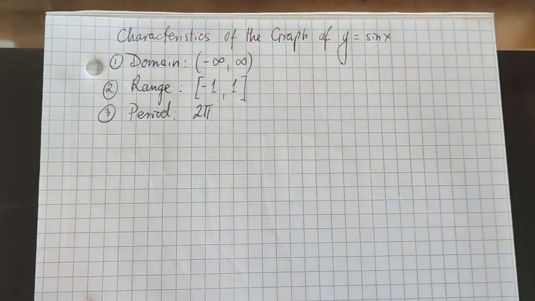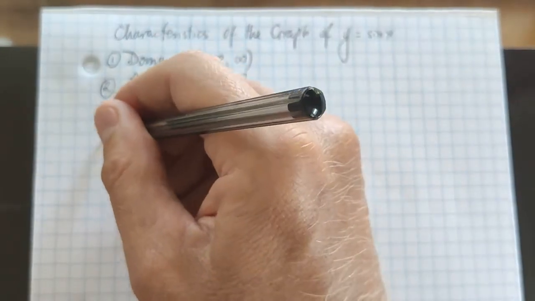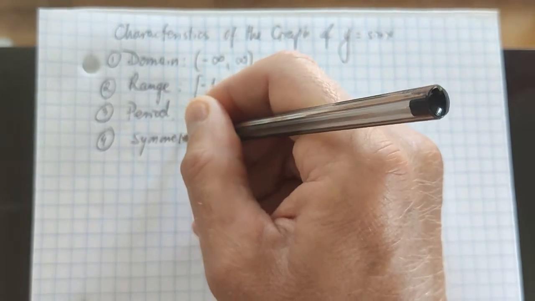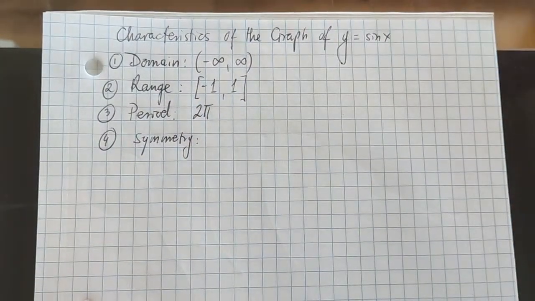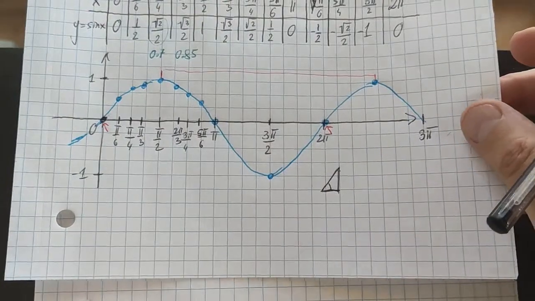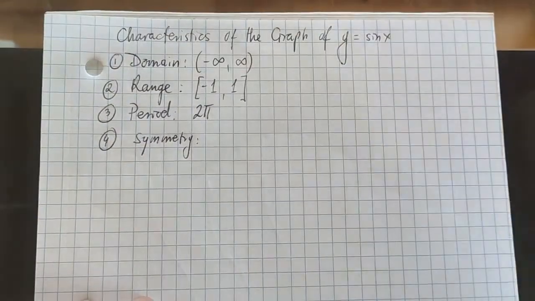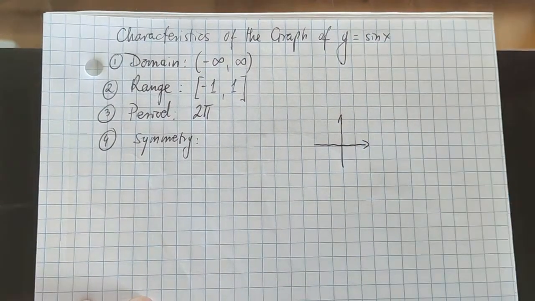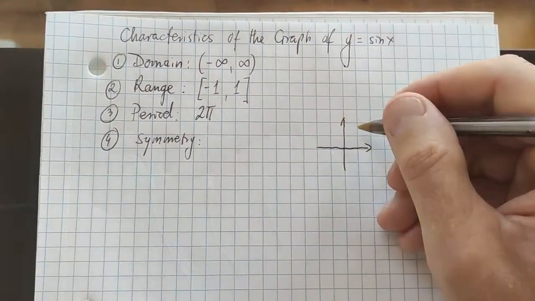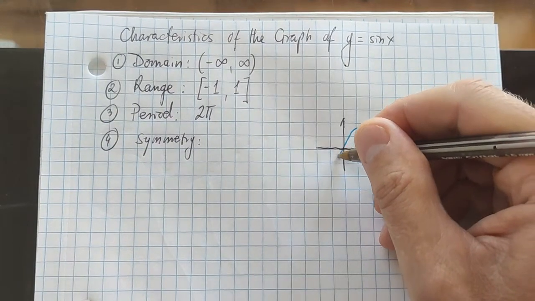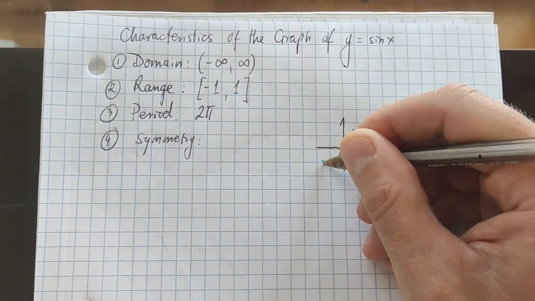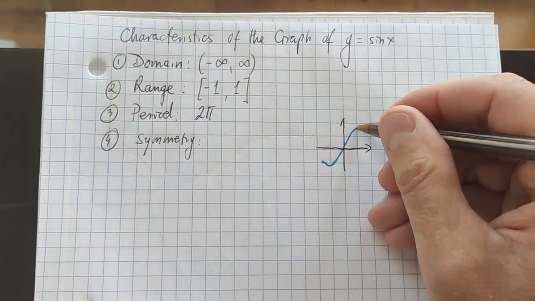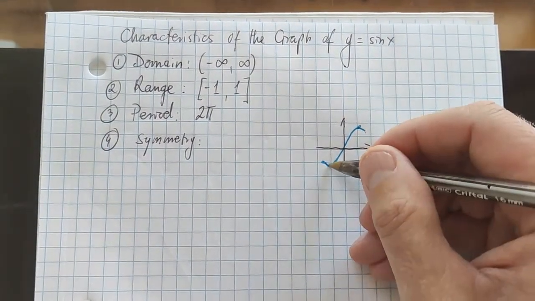What's next? Symmetry. The graph is symmetrical. If you look at it like this, it's hard to see that symmetry, but if I just sketch a part of it like this, I hope you can see that it's symmetrical with respect to the origin. This point has a corresponding point over here.